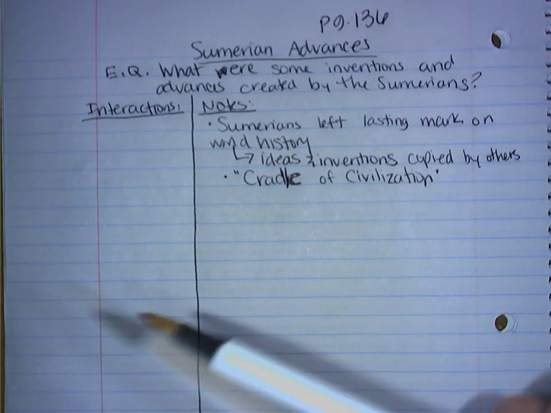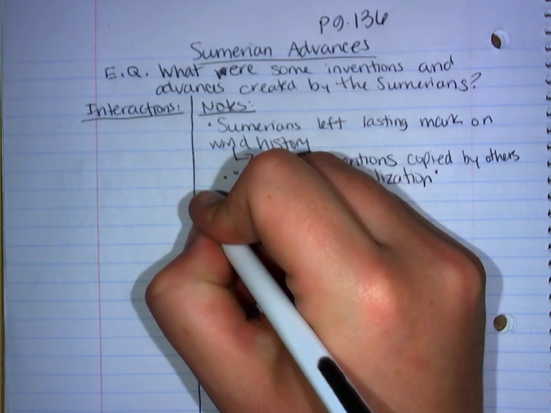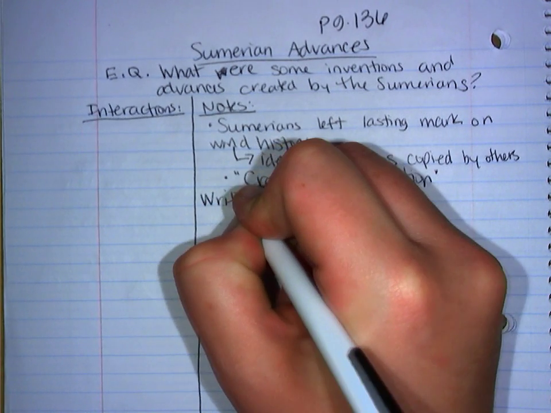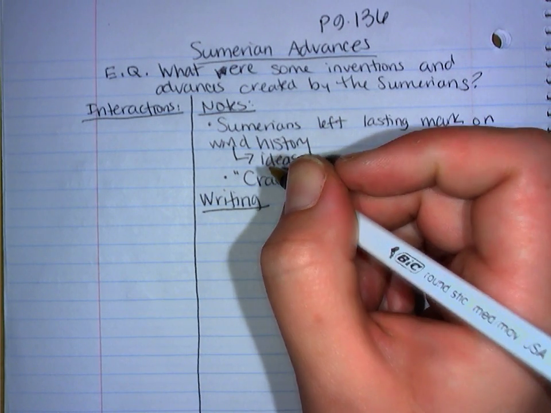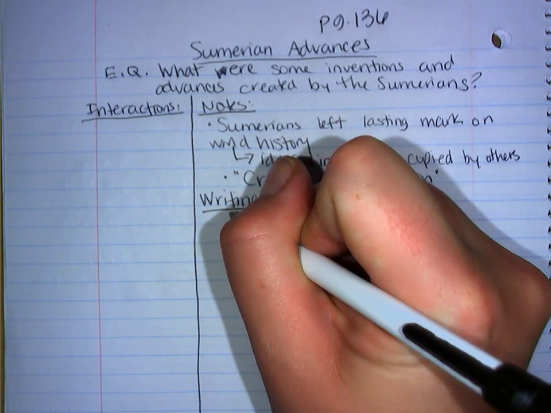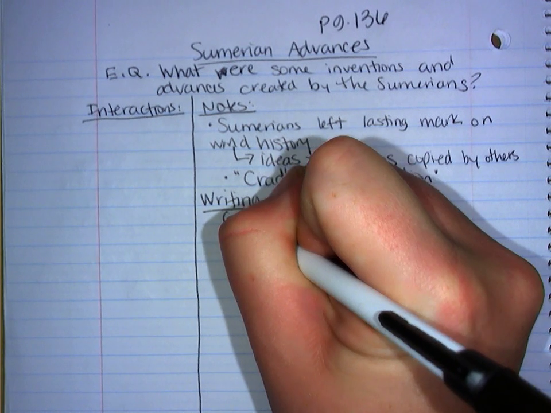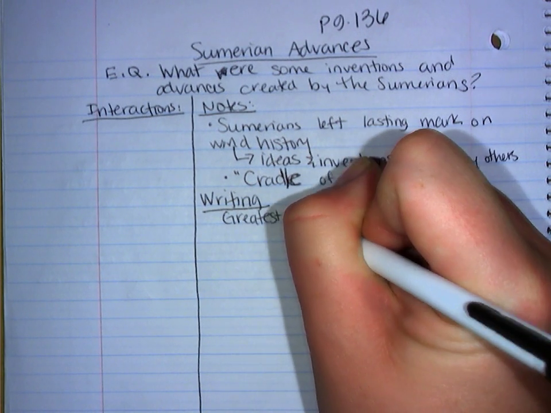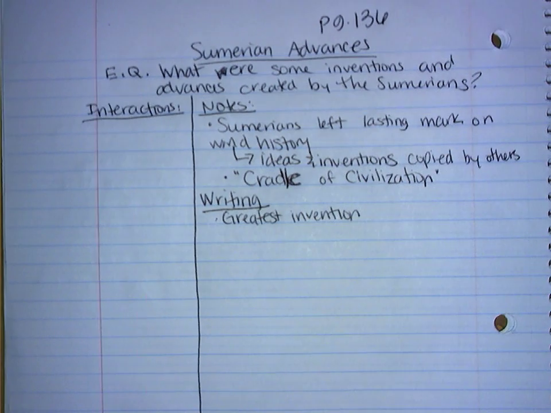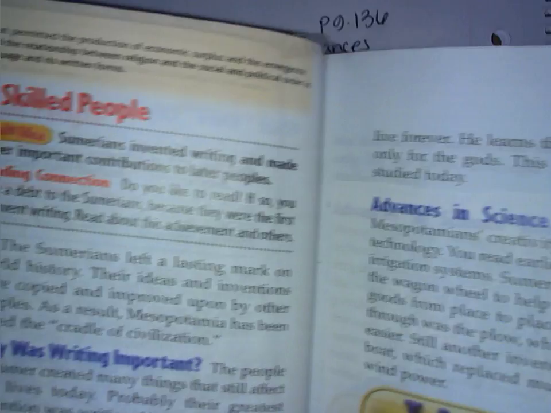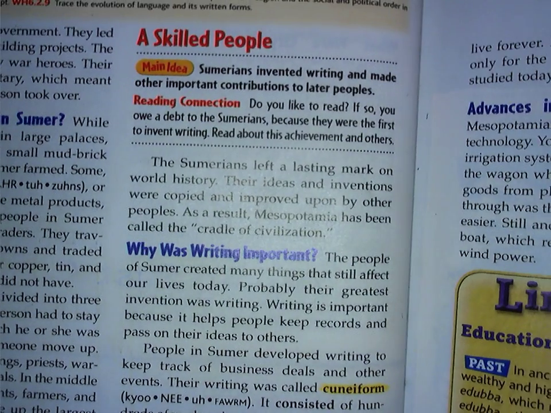To our notes. So here we're talking about writing. And the people of Sumer created many things that affect our lives today. Their greatest invention was writing. And then the book talks about why is writing important.